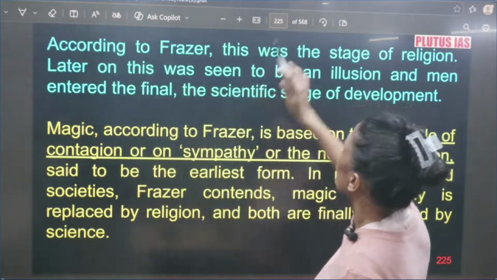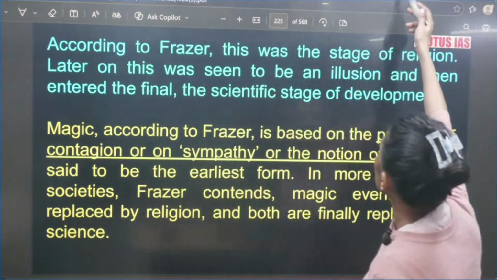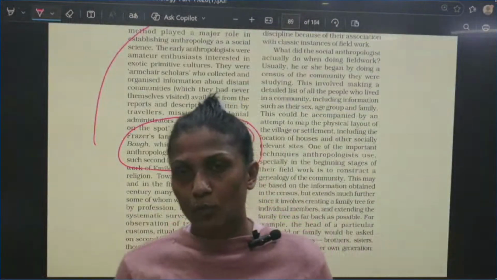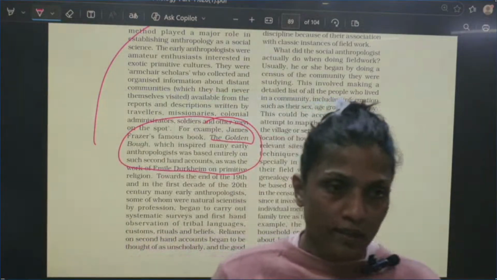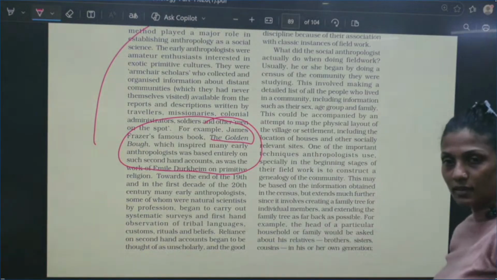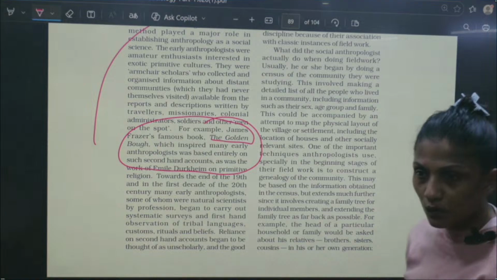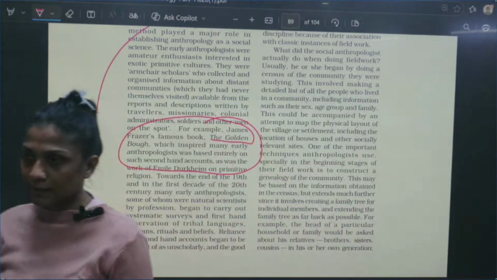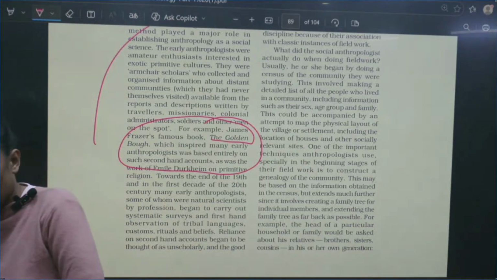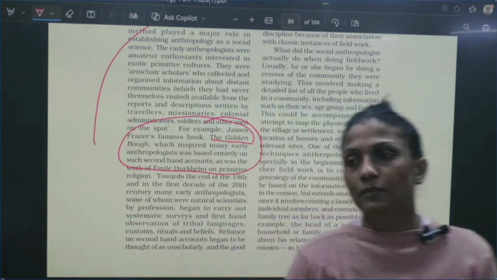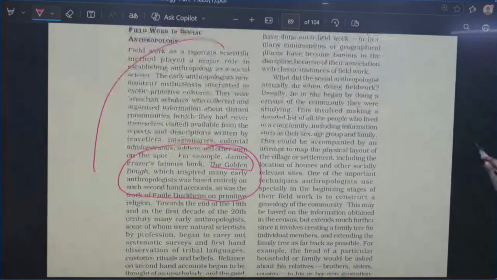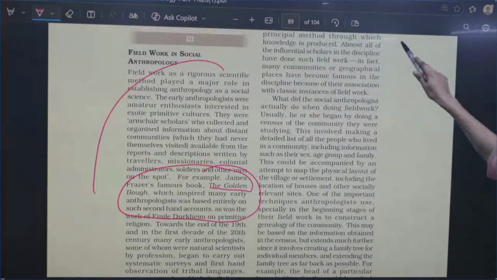We may think that questions are coming from nowhere, but it is definitely important for all of you to have some connection with anthropology. Okay? And you can get a direct question on this: discuss The Golden Bough of James Frazer. UPSC always does this. Robert Marett, okay, animism. Understood? Okay, so towards this, we have written this here. That's it. Make fieldwork important as well. You people will read this.